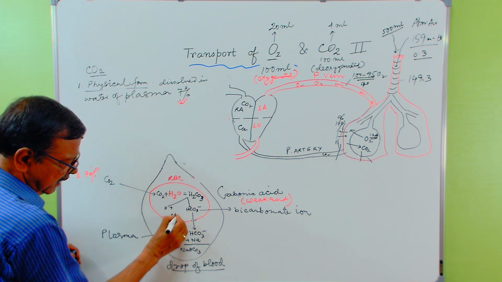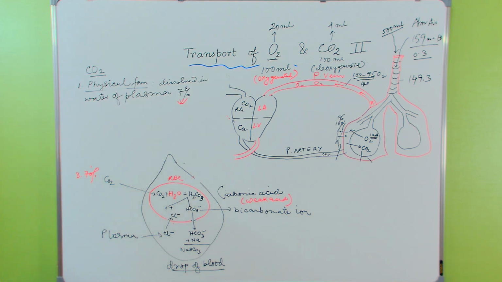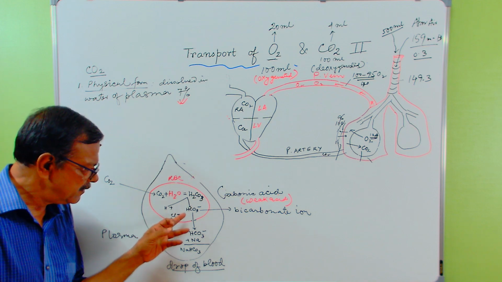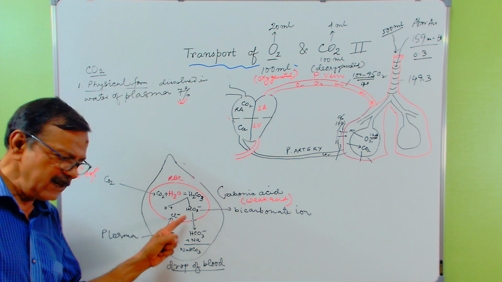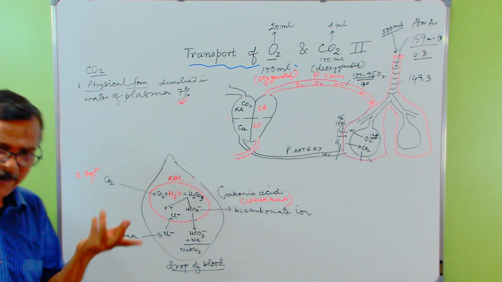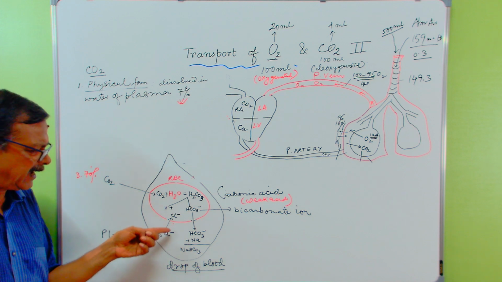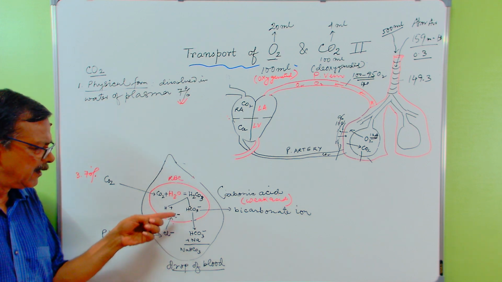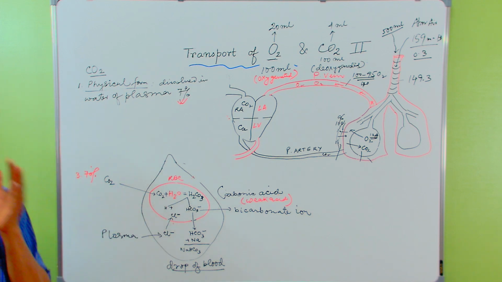Cl ion enters. This transfer of HCO3 ion from RBC to plasma, and to counteract that one, the Cl ion enters from the plasma to the RBC, is known as chloride shift.